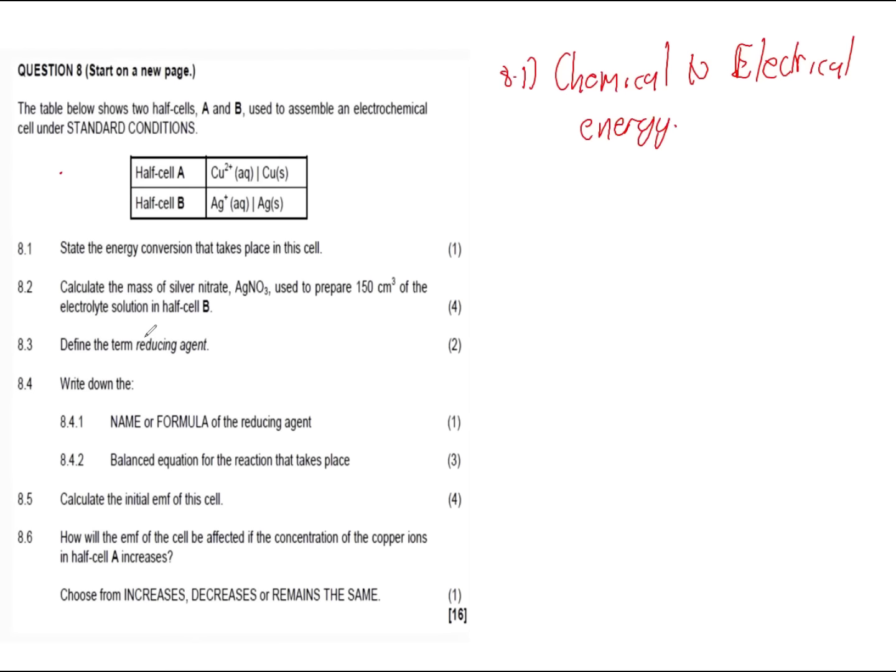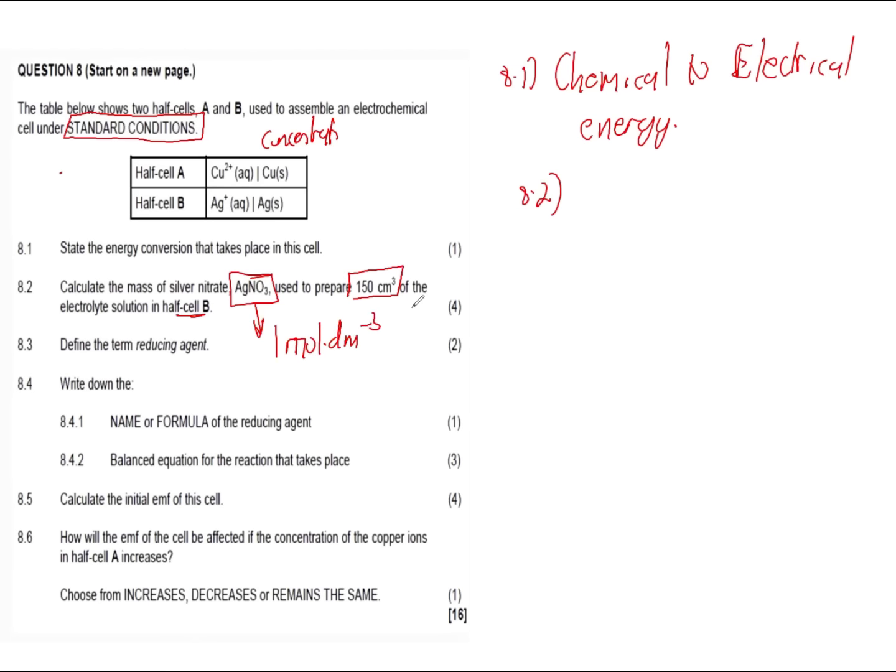Then, okay, in 8.2 now they're saying, calculate the mass of silver nitrate AgNO3 used to prepare 150 centimeter cube of the electrolyte solution in half cell B, right? So calculate the mass. Now remember that this is being operated under standard conditions. And then we know that under standard conditions, the concentration of the electrolyte is always 1 mole per dm cube.